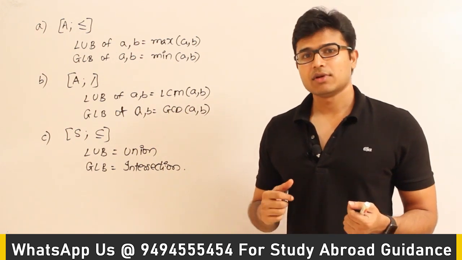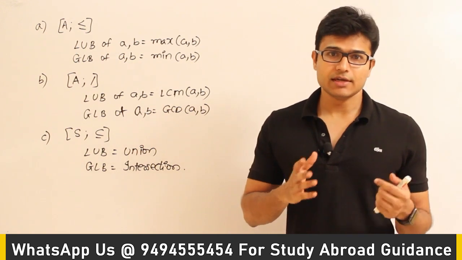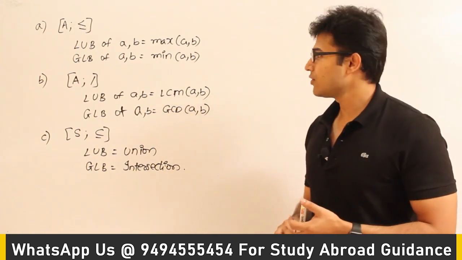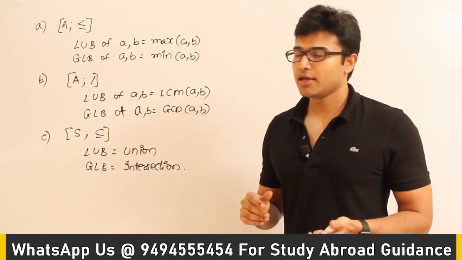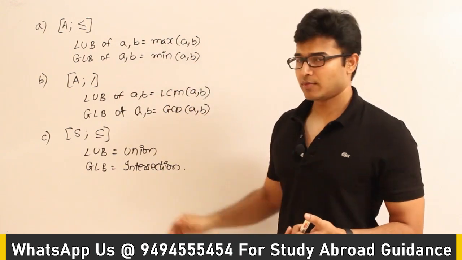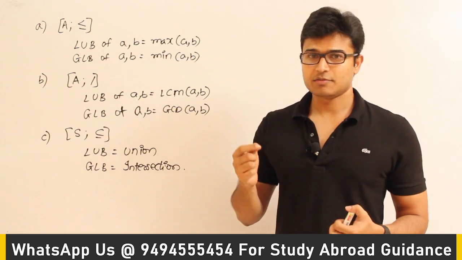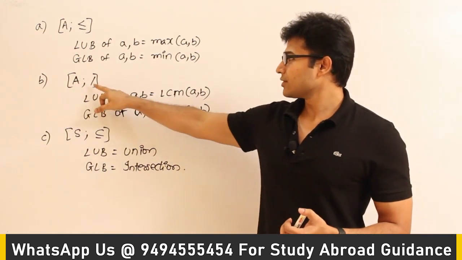Let's see how to differentiate the posets for which it exists from those for which it does not in later examples. For now, understand that it is not a mandatory thing. I'm just giving you the formulas; it doesn't mean that you should always pick that as the answer. For example, take divides.